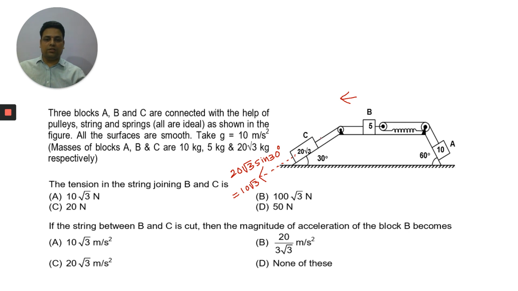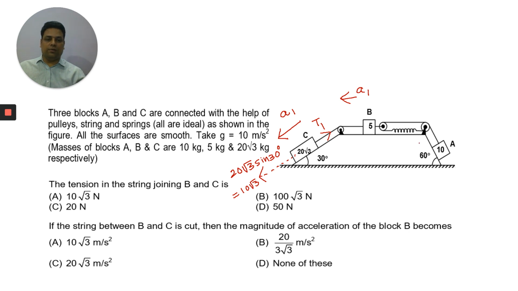That is mg sine 30. And let's say tension in this string be T1. So let us assume this moves with an acceleration A1, and B also should move with an acceleration A1 because they are connected by the same string.